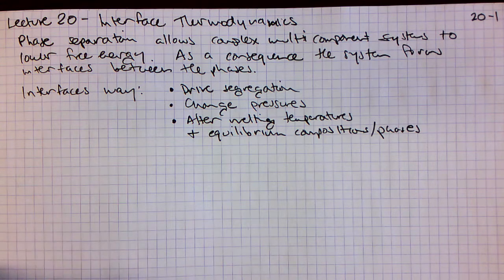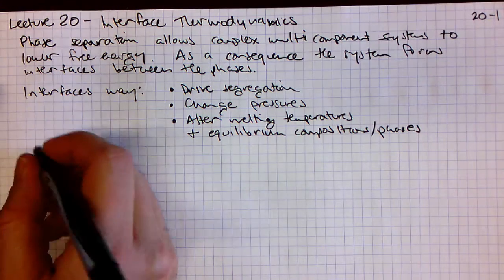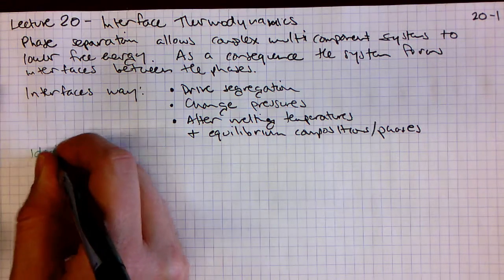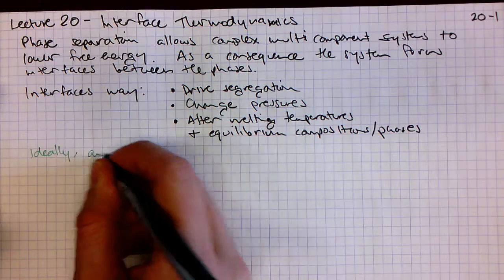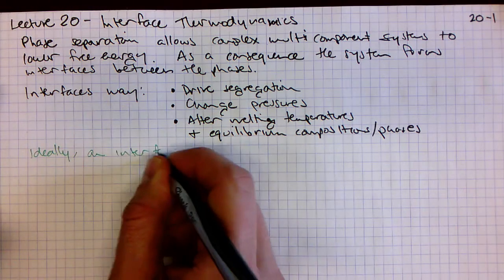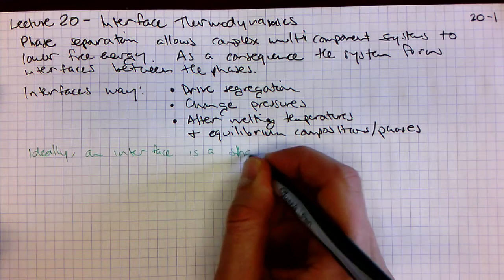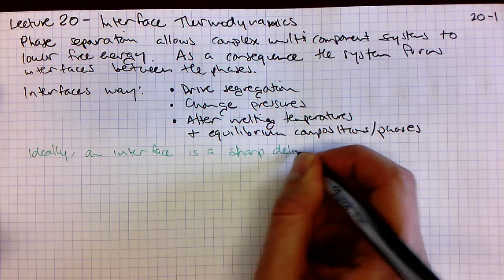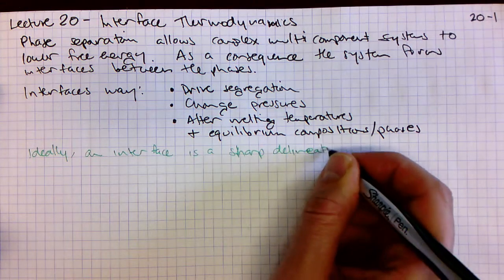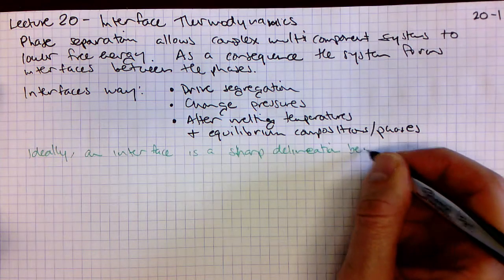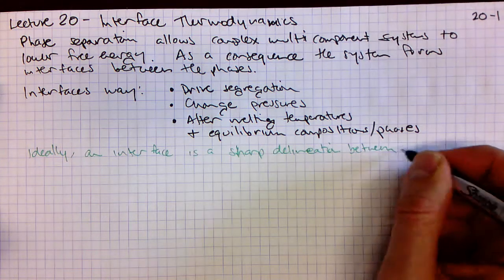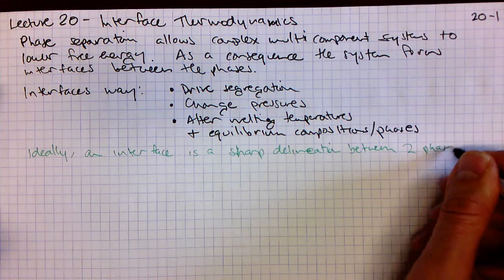So typically, if we think of an idealization, ideally, an interface is a sharp delineation between two phases.